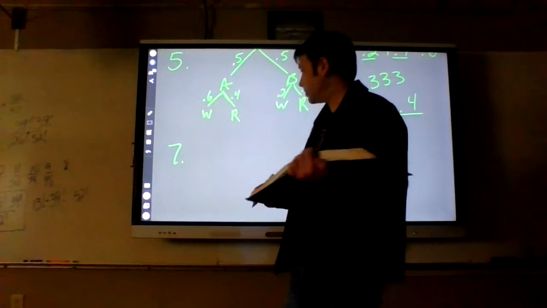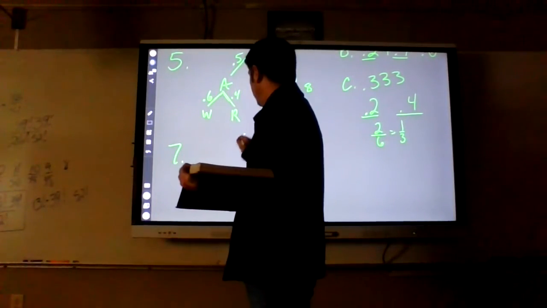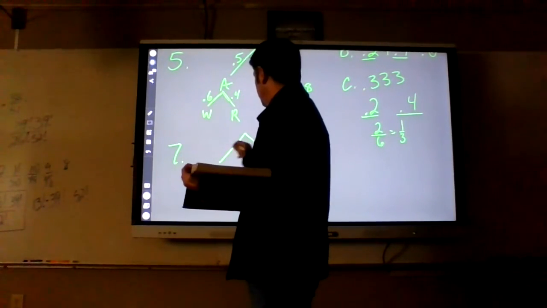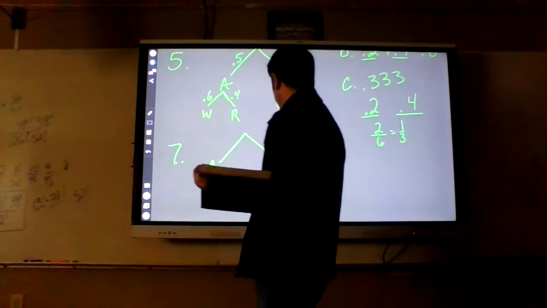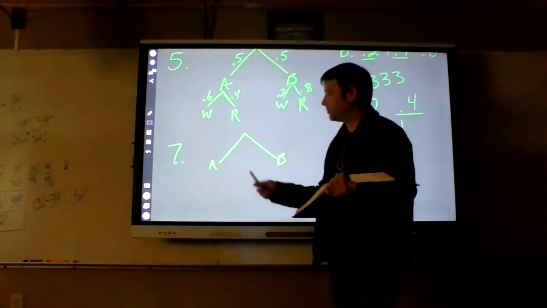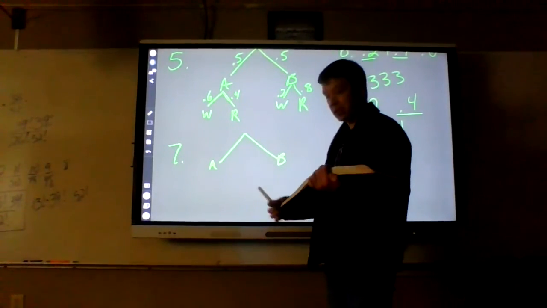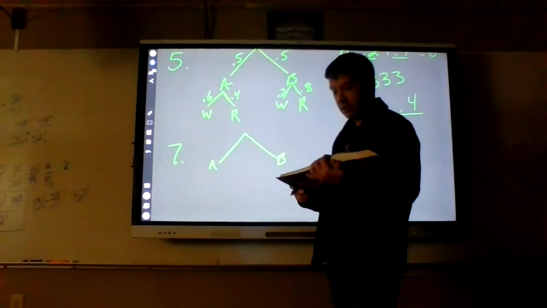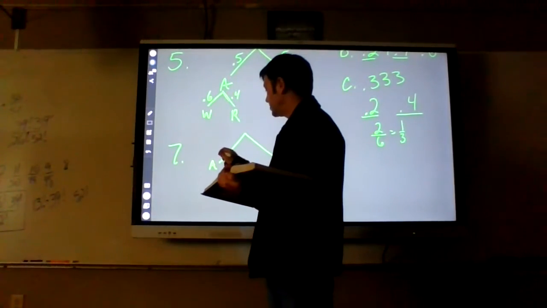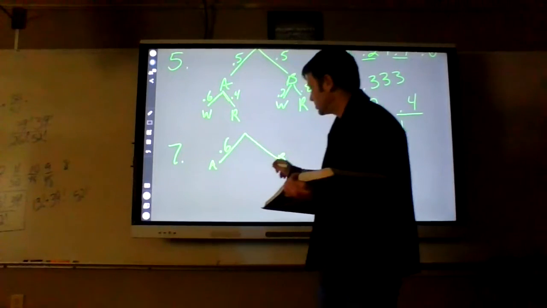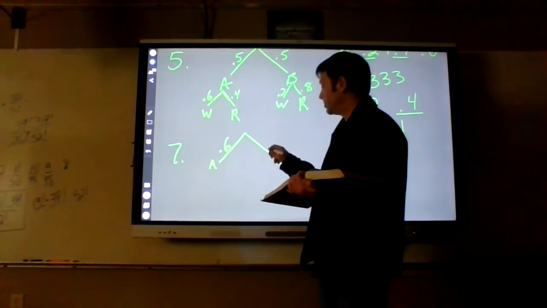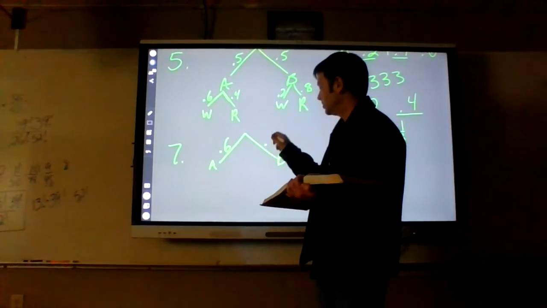Draw a tree diagram. So we have machine A and machine B. What's the odds that the ball bearings are going to come from machine A? 0.6, yes, they said 60%. So what's the odds that they come out of machine B? 0.4.